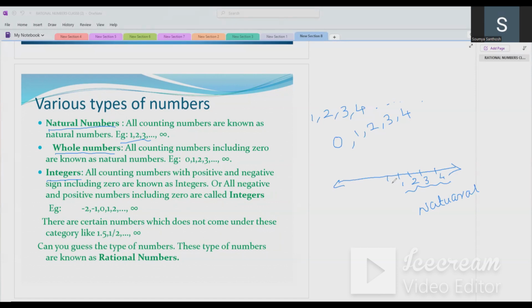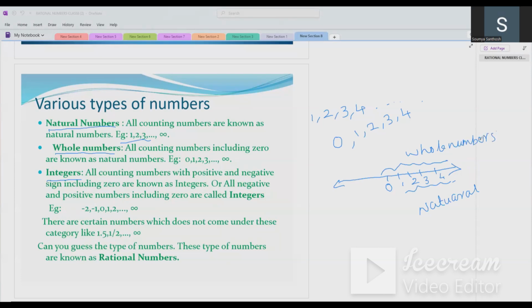Then if we add 0 also, all this together will be known as what? This will be known as whole numbers. If you include 0, then it is known as whole numbers.